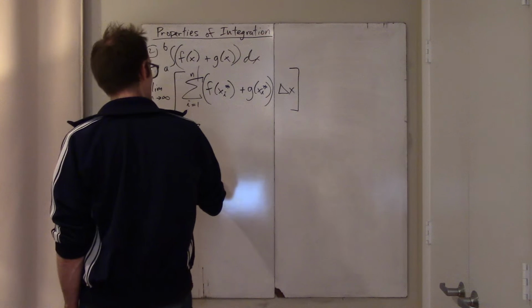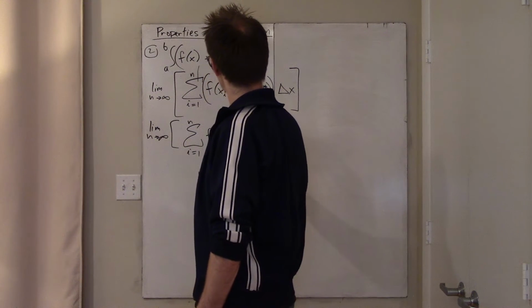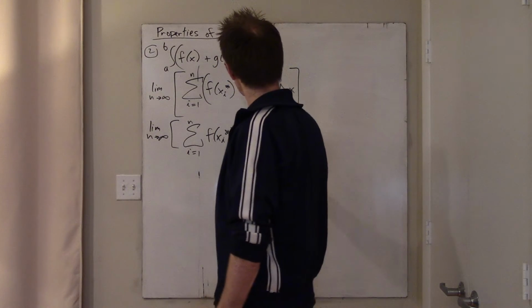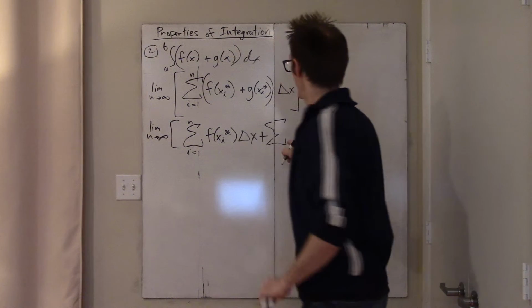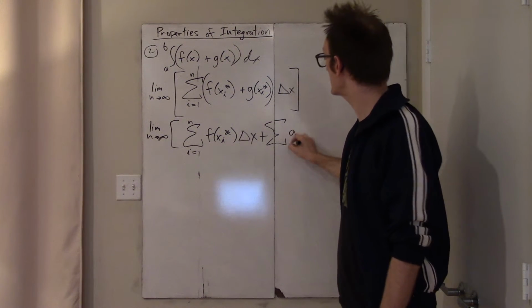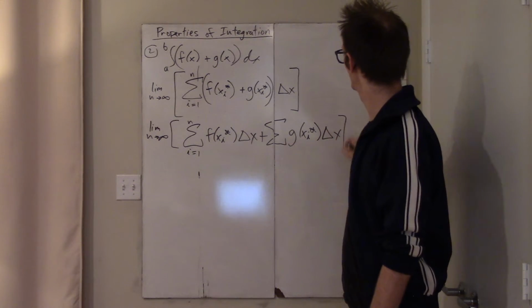But this is the sum from i equals 1 to n of f of x sub i star delta x plus the sum of g of x sub i star delta x, and boom.